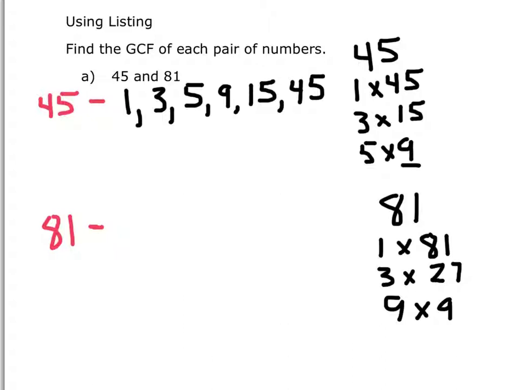Okay, so now the factors of 81 are 1, 3, 9, don't have to list 9 twice, 27, and 81.